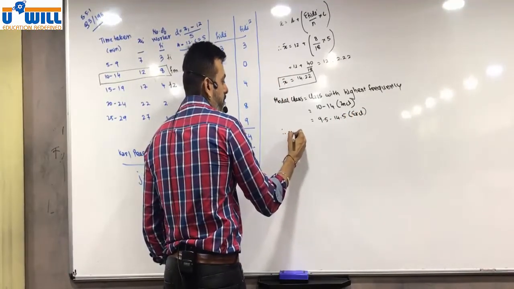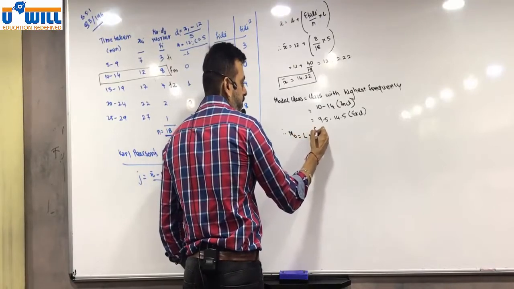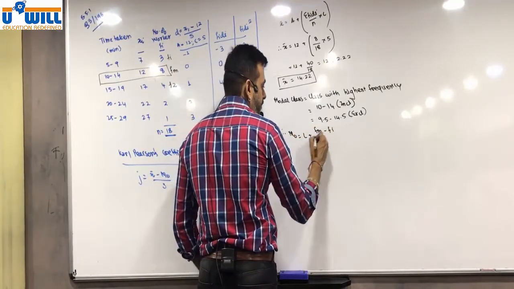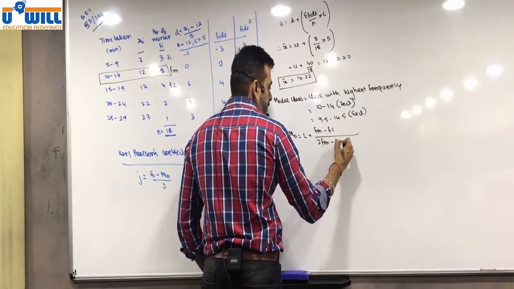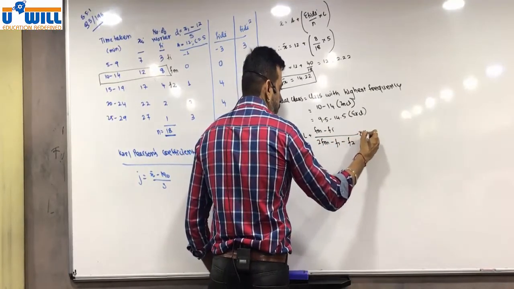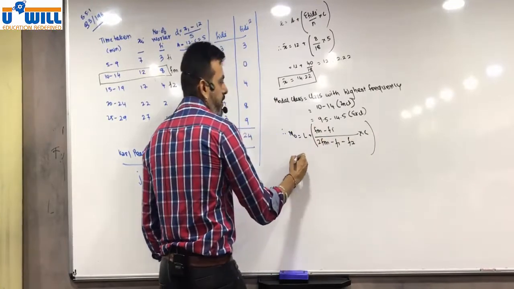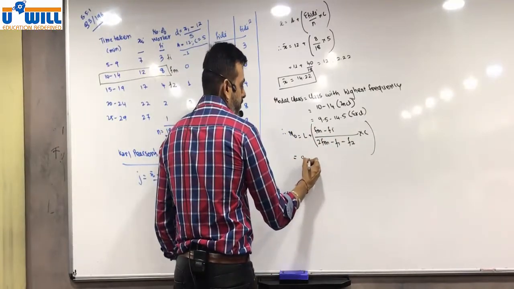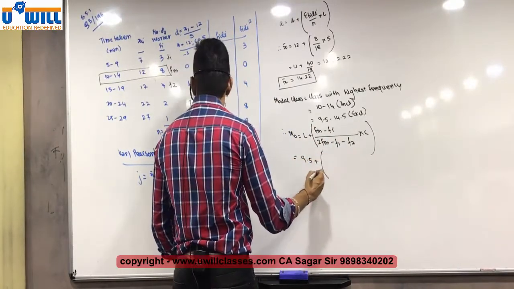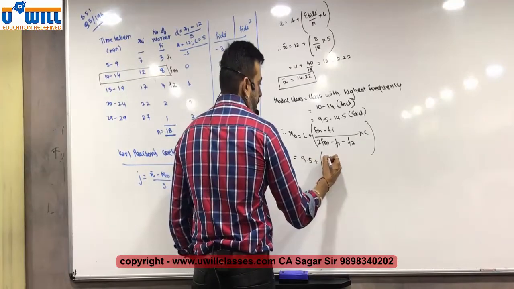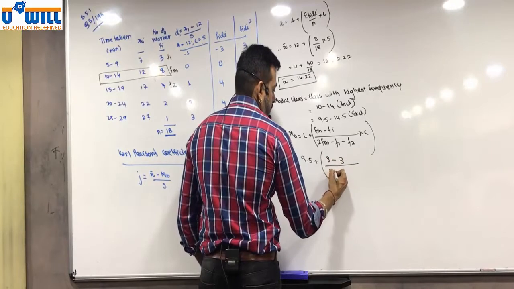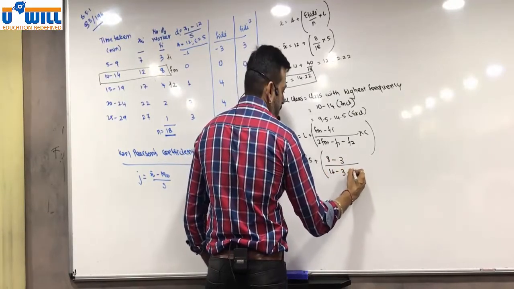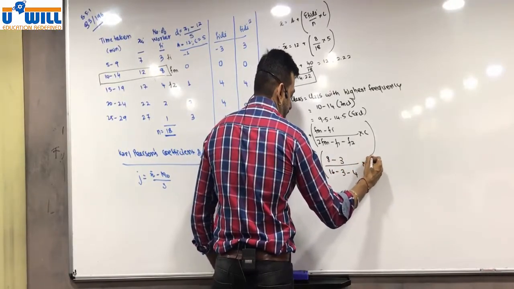Therefore, mode is equal to L plus Fm minus F1 upon 2Fm minus F1 minus F2 into C, which is equal to 9.5 plus 8 minus 3 upon 16 minus 3 minus 4 into 5.